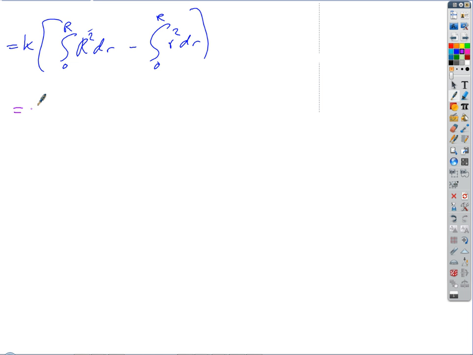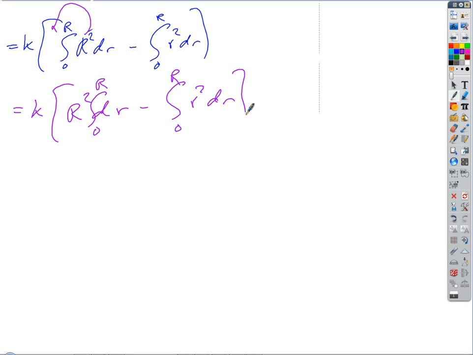Okay, so this one right here just becomes k. I can pull that big R squared out front because it's a constant. Big R squared times the integral of d little r from 0 to R, minus the integral of r squared dr. Well, what's the integral of 1 dr? r.